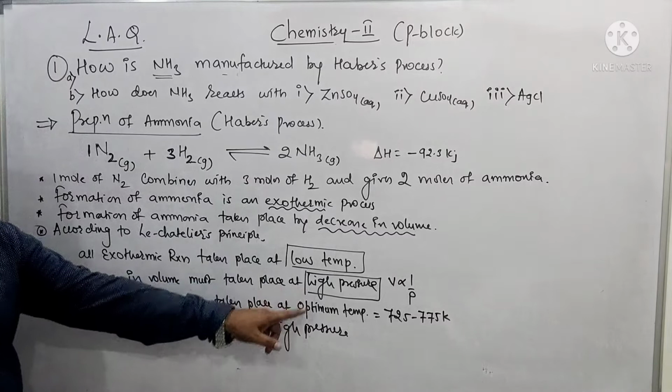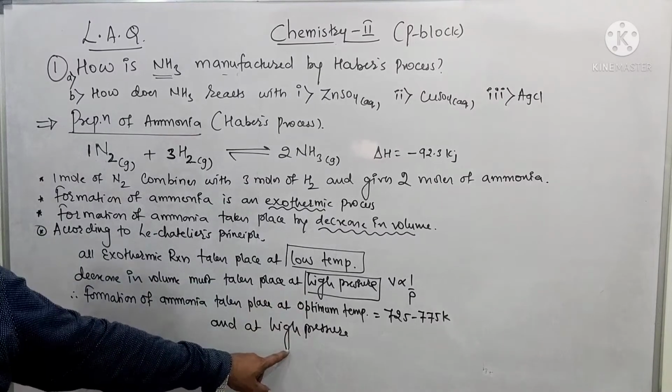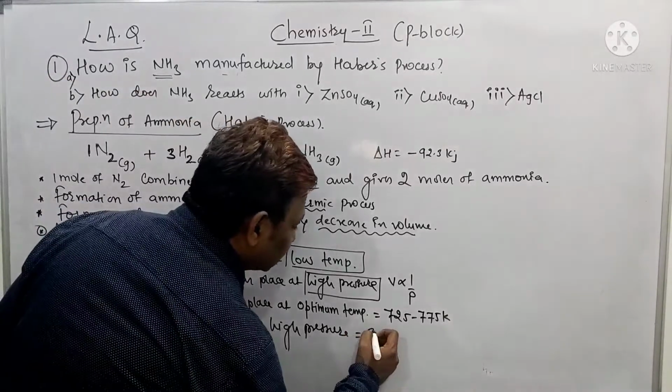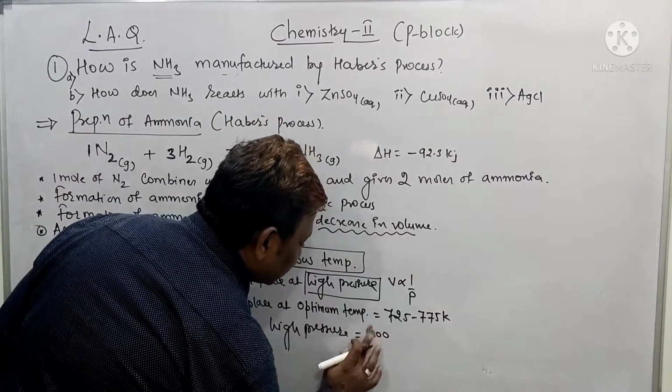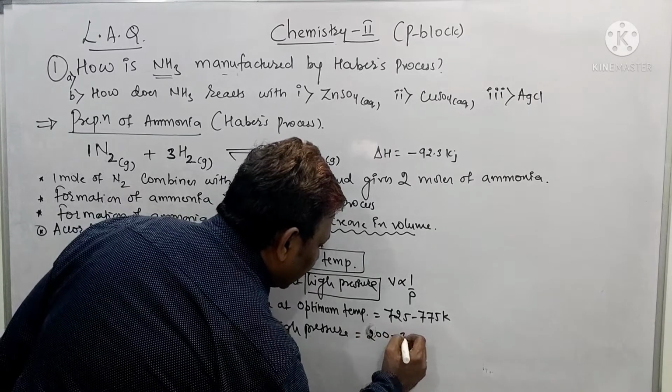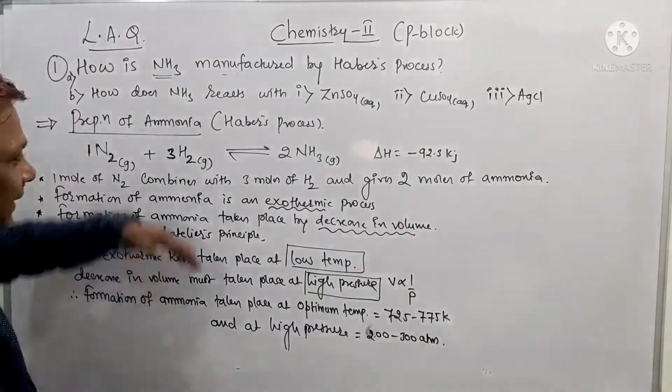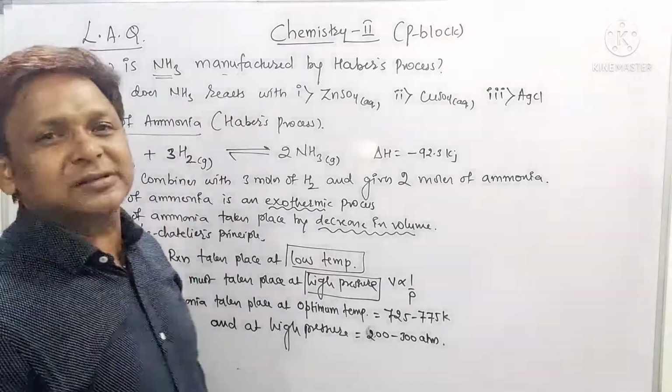They have maintained the pressure here at 200 to 300 atmospheric pressure. You can say that it is 200 to 300 atmospheric pressure. See beta, by writing this, you will get the 4 marks easily.